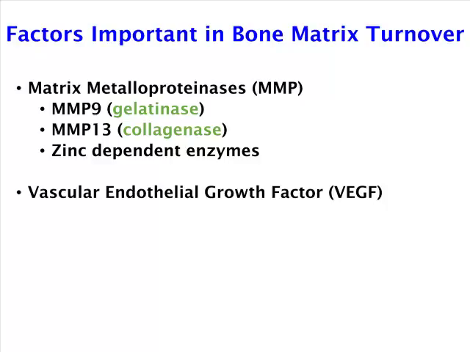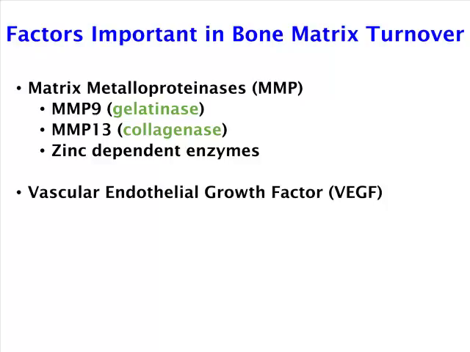MMP9 is a gelatinase, and 13 is a collagenase, so they're going to degrade different proteins within the extracellular matrix. An interesting point from a nutrition standpoint is that these are zinc-dependent enzymes, and not just in the classical covalent way that we think about. Zinc is required for proper enzymatic activity of these MMPs.